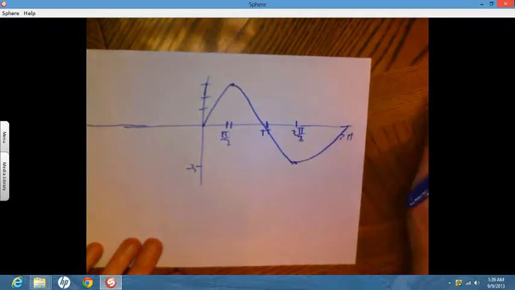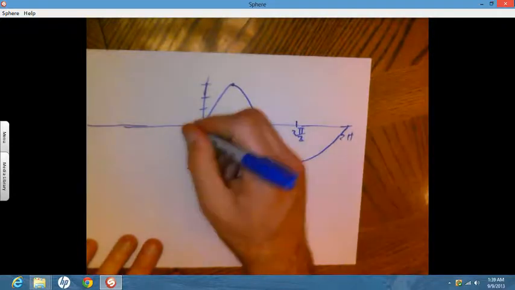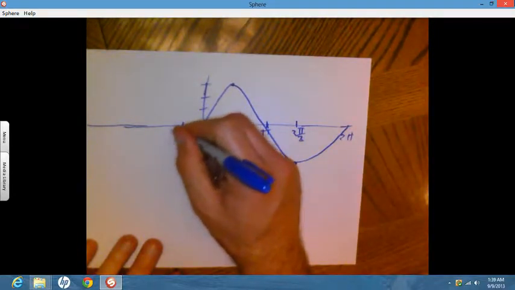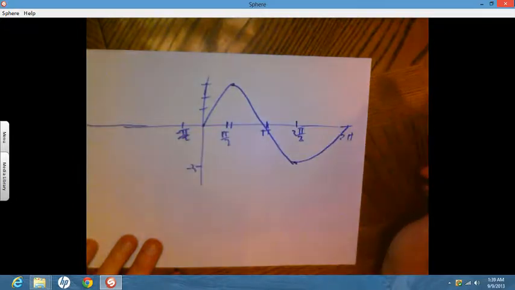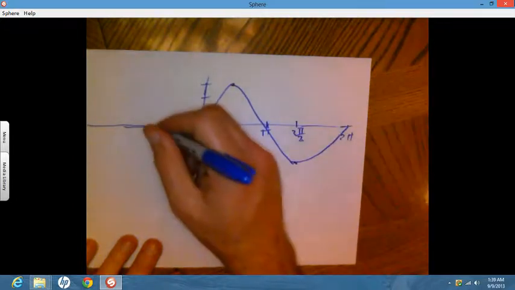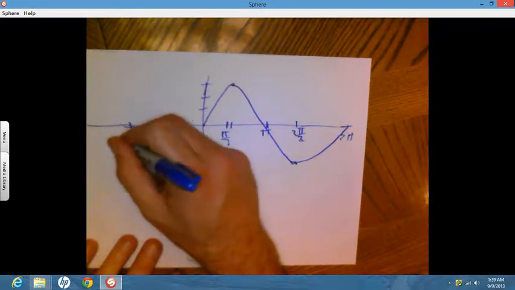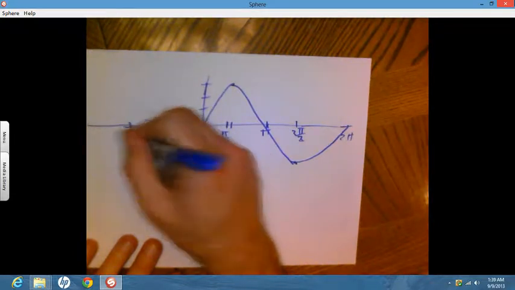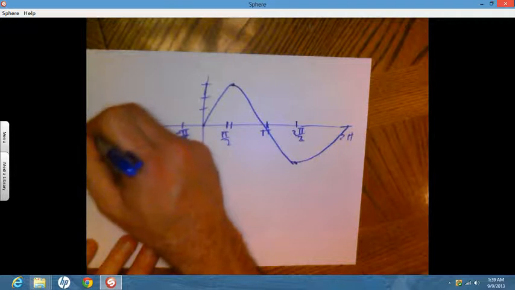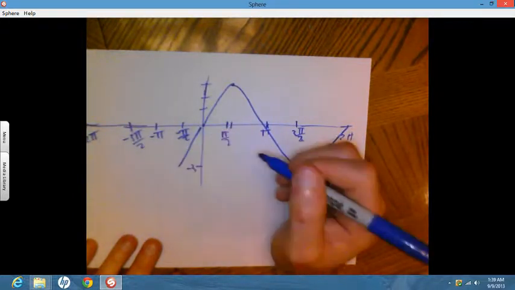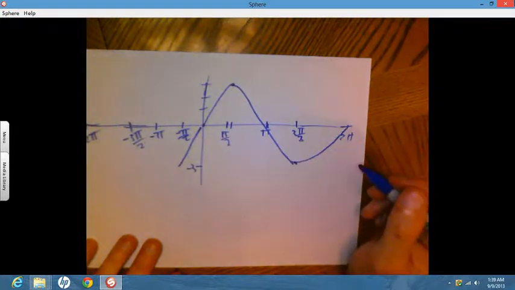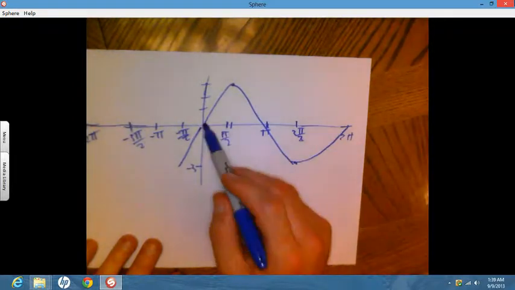So it's going to be negative pi over 2, negative pi, negative 3 pi divided by 2, and negative 2 pi. So we're going to come over here, and at 0, now we're dealing with an odd function still. All right, we're still dealing with the sine function. So we've gone from pi over 2 at 3, so negative pi over 2 is going to be negative 3.